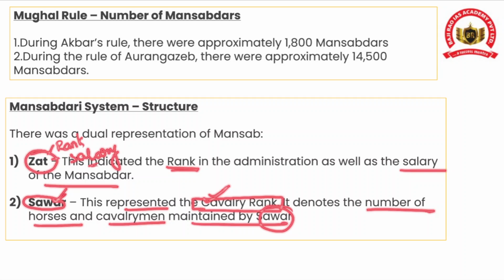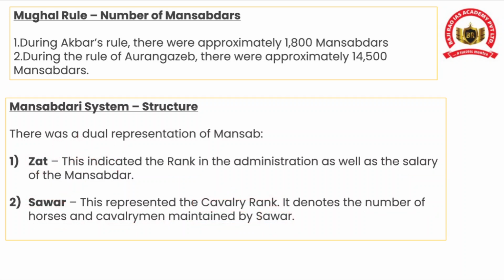How many horses and cavalrymen each mansabdar maintains is determined by savar. So a jat is about the salary and rank of the officer, and savar denotes the number of horses and cavalrymen held by each mansabdar.